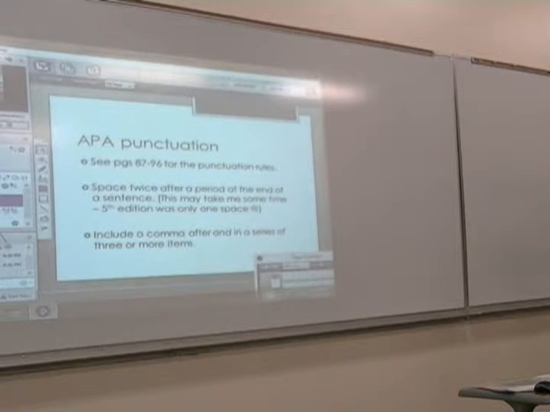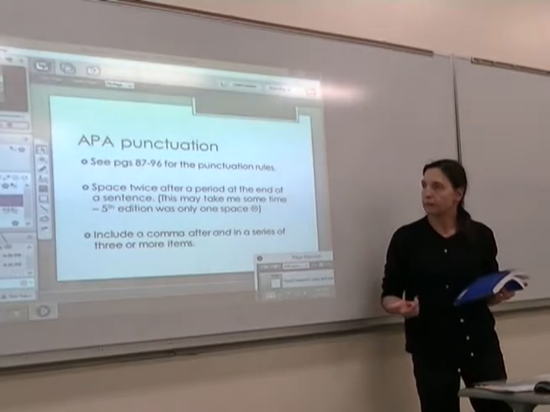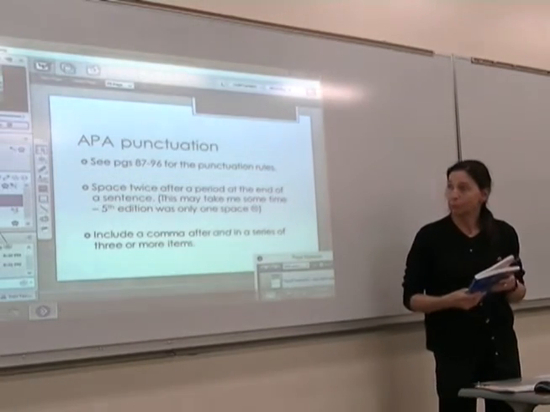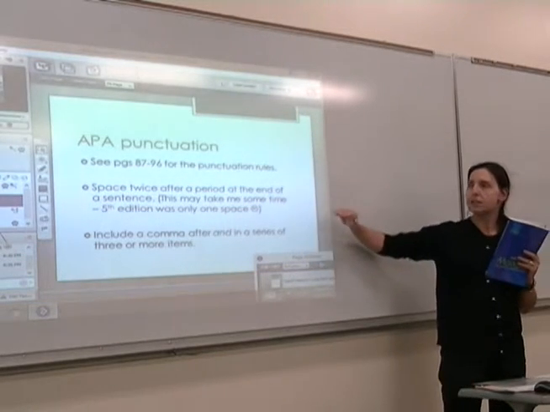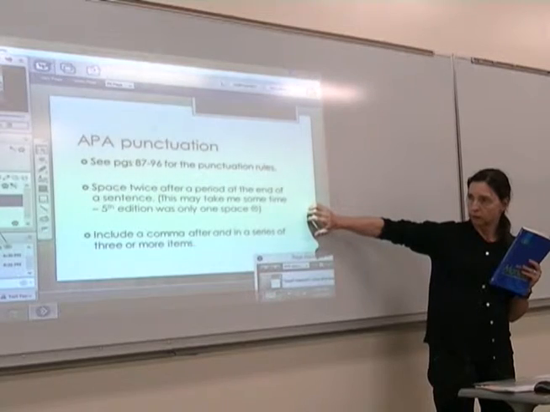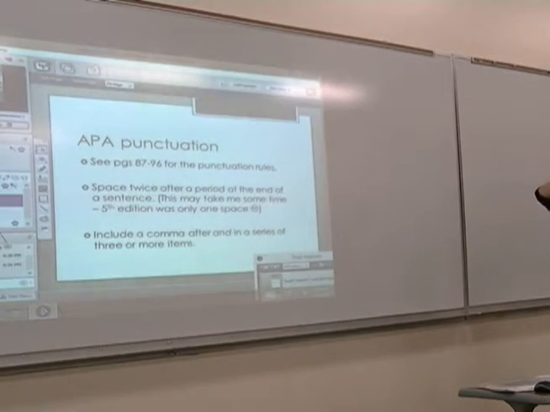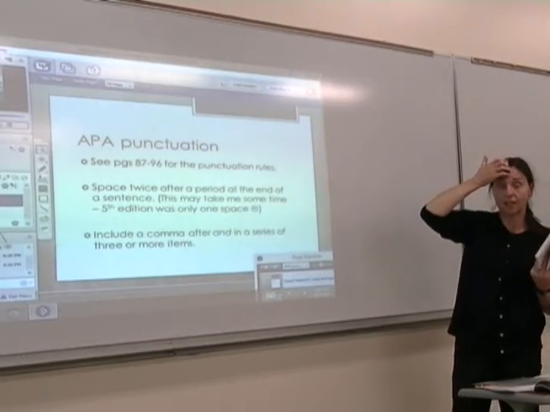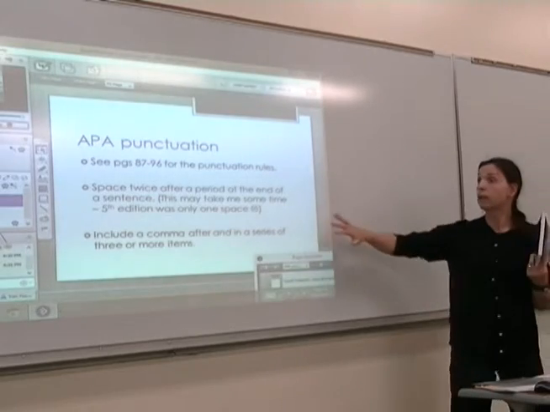Again, don't try to learn them, just use the manual, all right? Space twice. I think this one is still up to date. Space twice after a period at the end of a sentence. If you find I'm out of date on that, let me know, but I think that's still up to date.